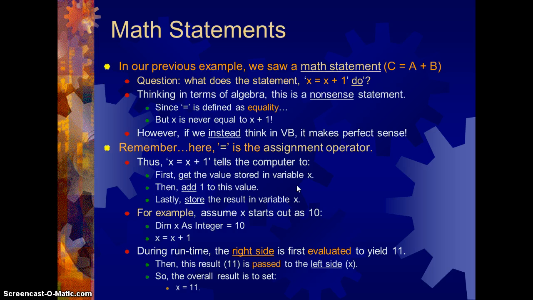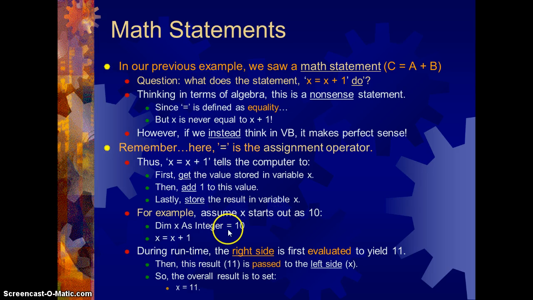So first we get that, then add 1 to that, and then assign that new value. Suppose 5 was stored in memory, then it would be 5 plus 1, and then store that in memory now. In other words, store 6 in memory. So you can see it's just exchanging what was in the memory before for some new value, which is incremented. We say incremented by 1.